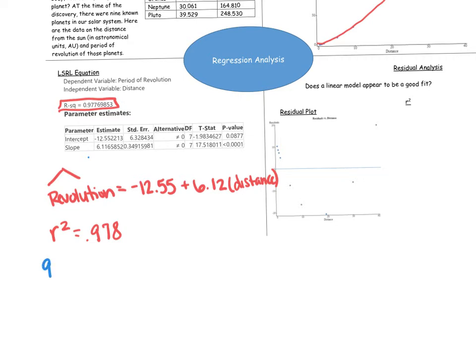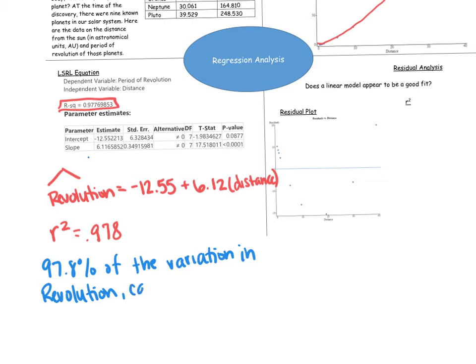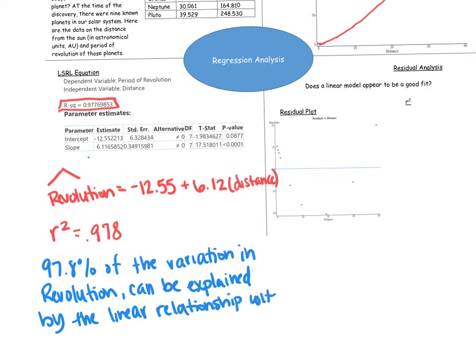We have 97.8% of the variation in revolutions, or the period of revolution, which is the actual variable if you look at the table, can be explained by the linear relationship with our x variable, which is distance. All right? So that's what that says.